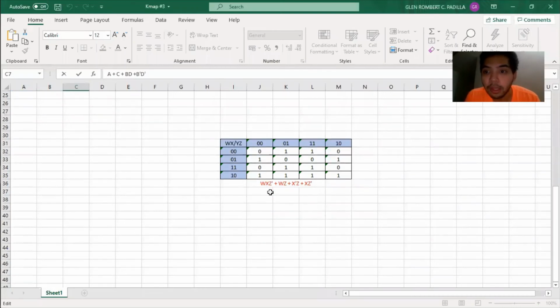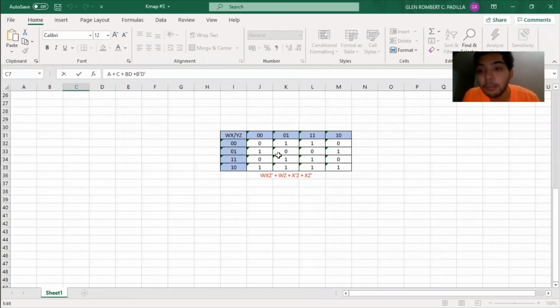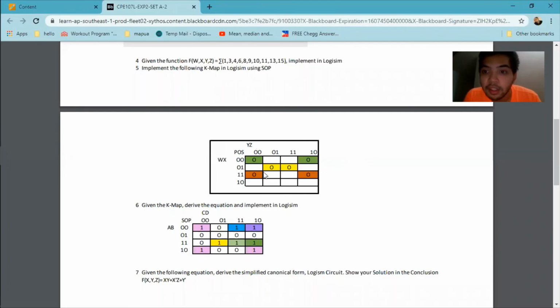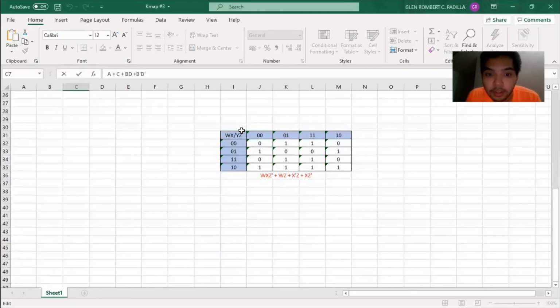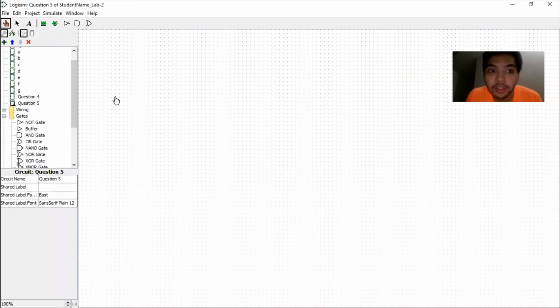Moving back here to our generated K-map from question number 4, we can see that it is the same as this K-map, this table. With that said, we can say that questions 4 and 5 were the same.